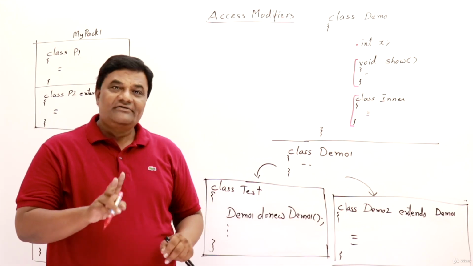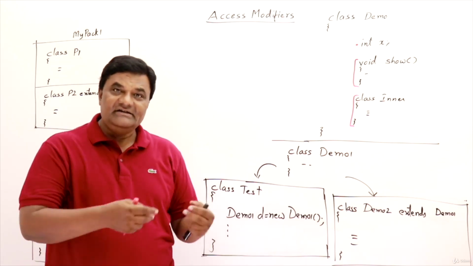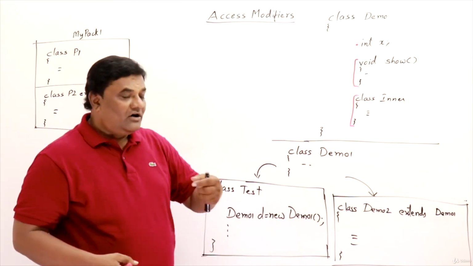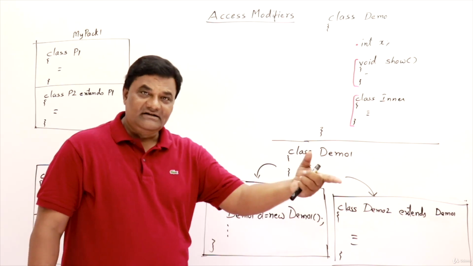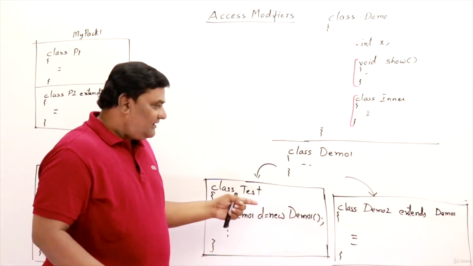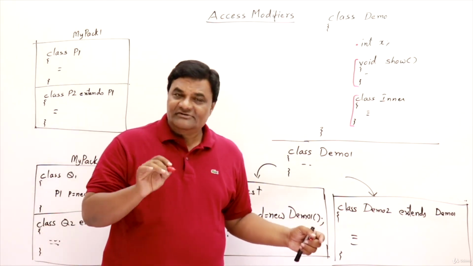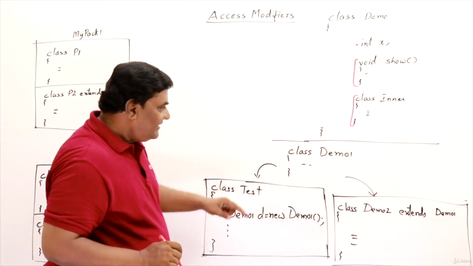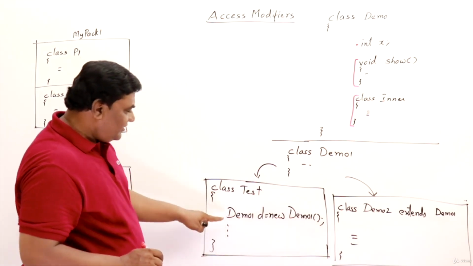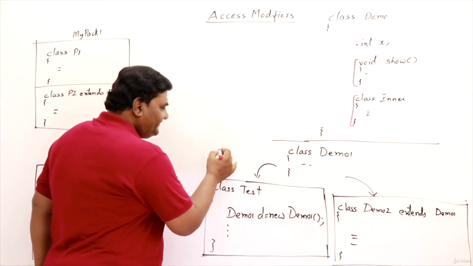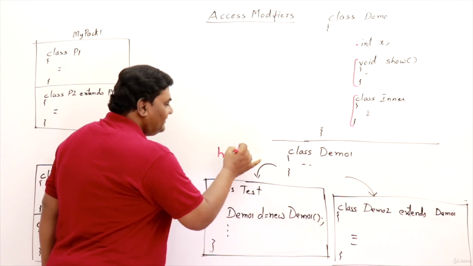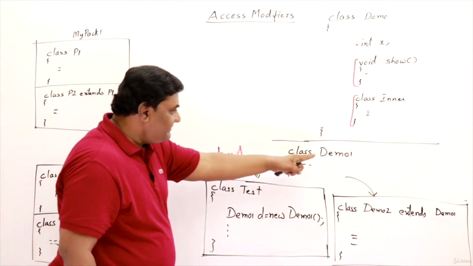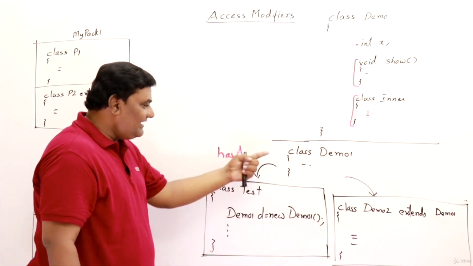So there are two ways of using a particular class: either create its object or extend another class, inherit another class. And there are some interesting terms used here. If a class is used as an object in another class, then we say has a. So the relationship between demo1 and test is has a.